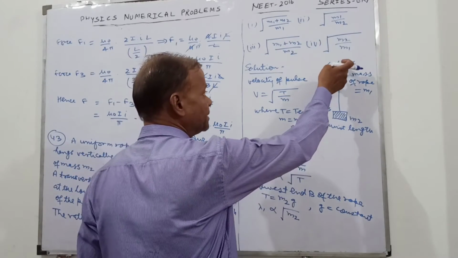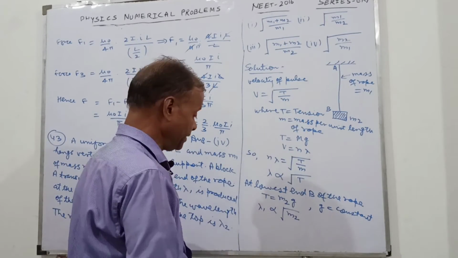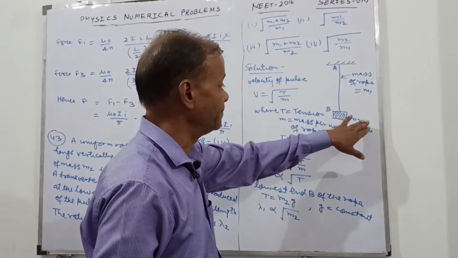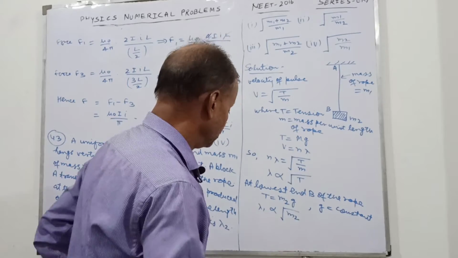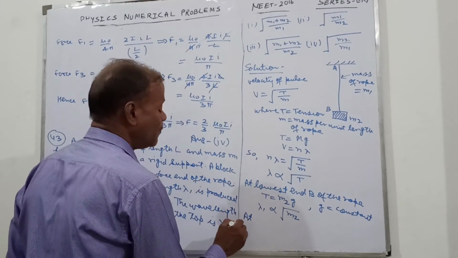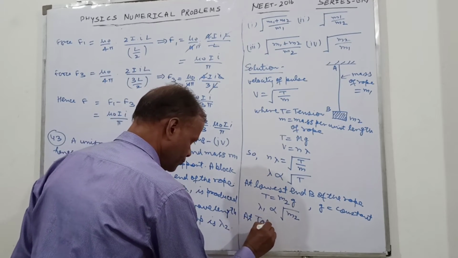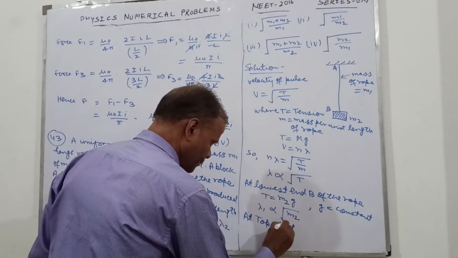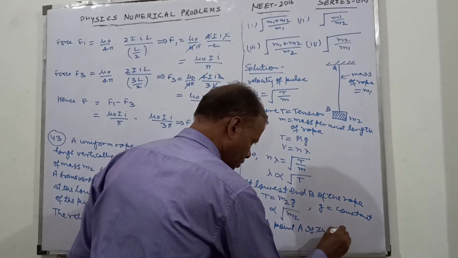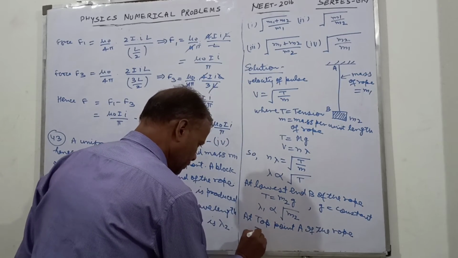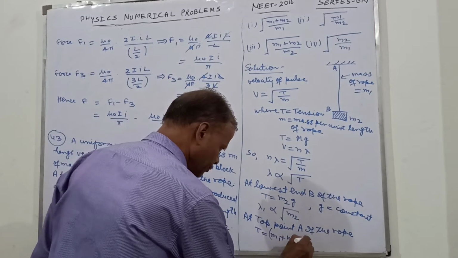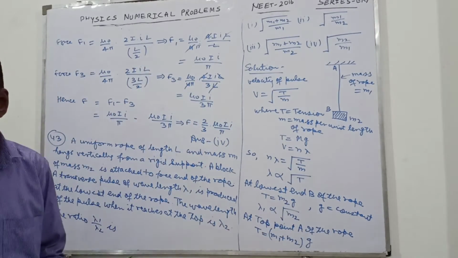When this pulse reaches the highest point A, the tension in the string will be because of the mass m1 and the mass m2. At the top point A of the rope, T is equal to (m1 plus m2) into g.